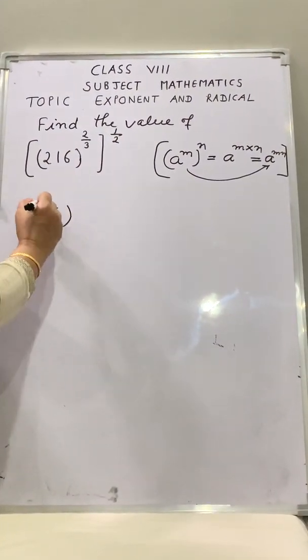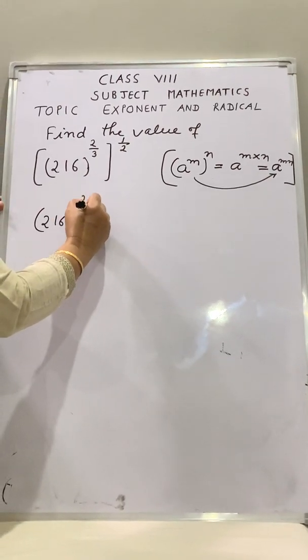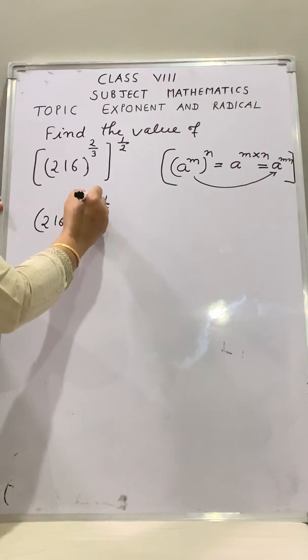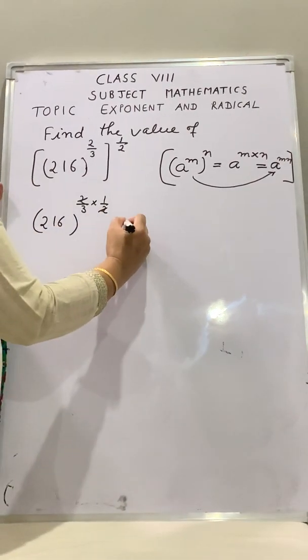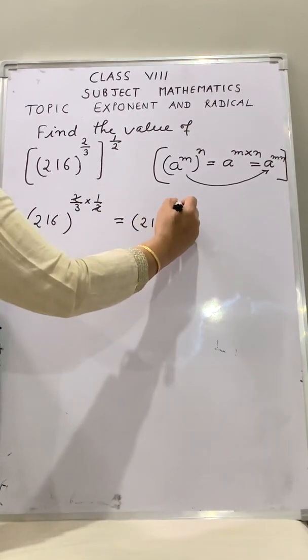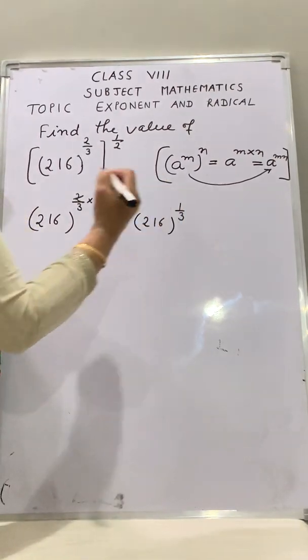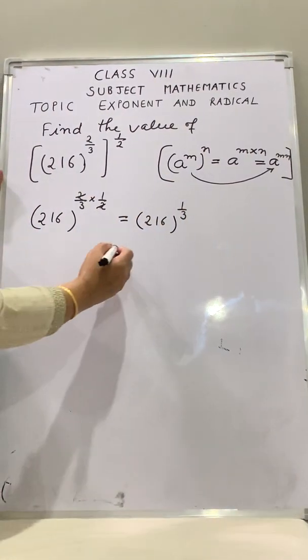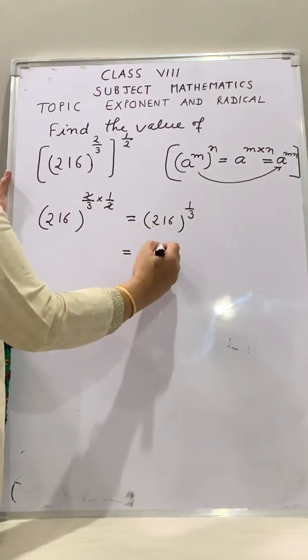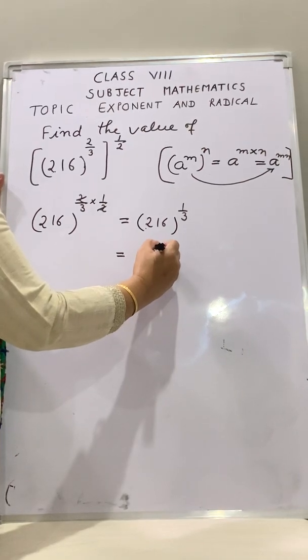216 raised to power 2 by 3 multiplied by 1 by 2. 2 cancels with 2. Now it is 216 raised to power 1 by 3. Now you can write 216 as 6 raised to power 3.